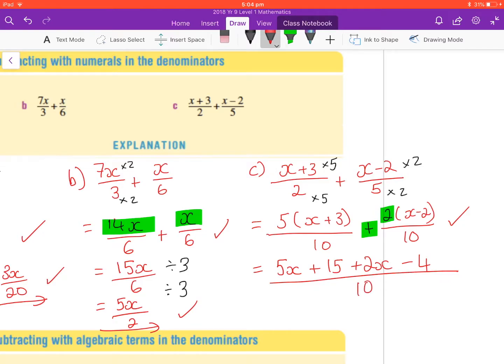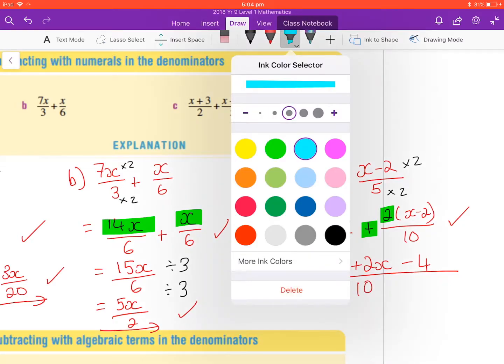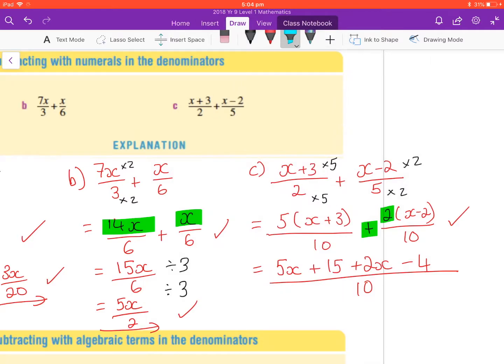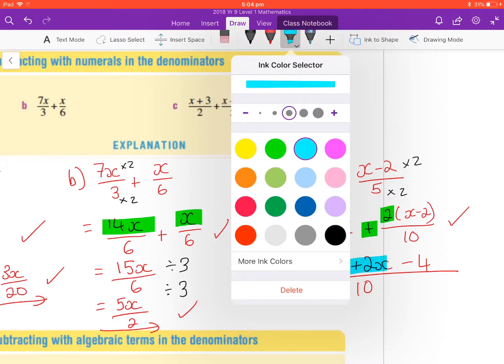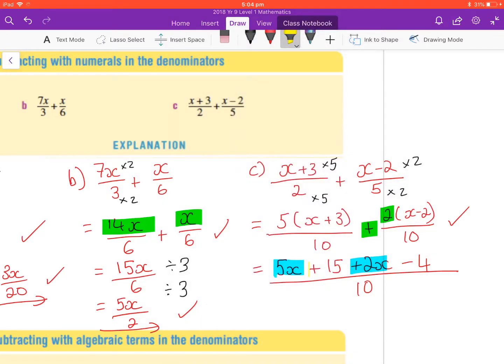This just helps me to now identify my like terms that can be added together. So we've got 5x and my plus 2x that are like terms, and then I've got 15 take 4, which are my like terms. When we've got those added together, we end up with 7x plus 11 over 10, and that is as simple as we can go.